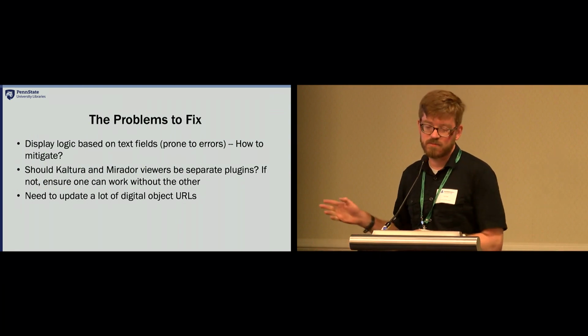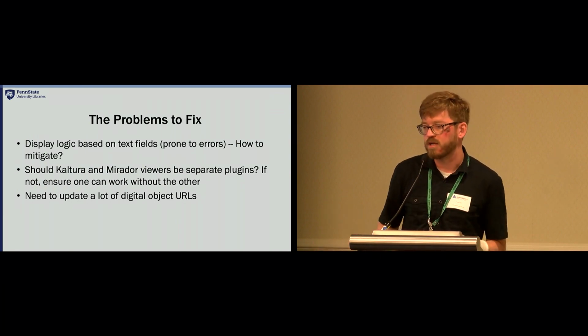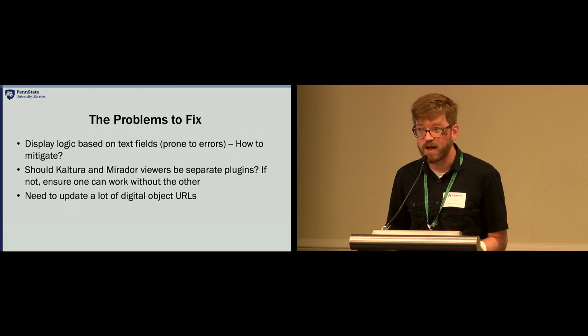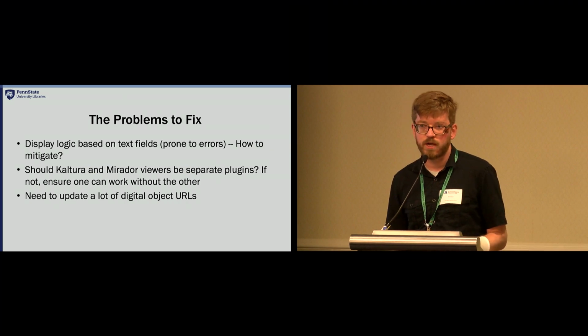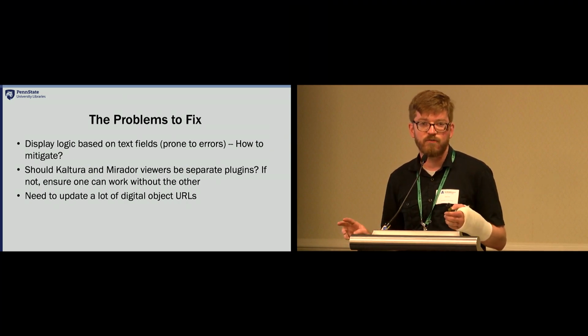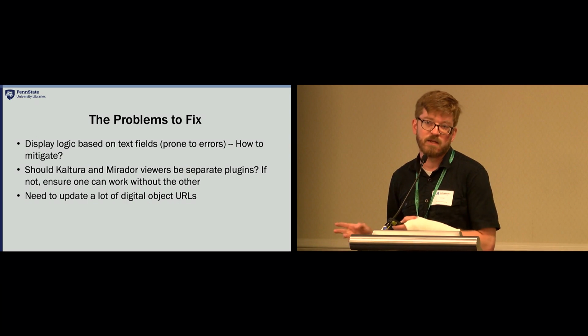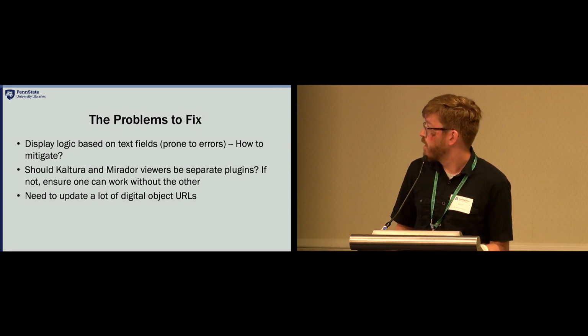There should be a Kaltura viewer and a Mirador viewer on GitHub. I still need to figure out how to do that in a way that they don't break one another. Right now it's one plugin and you can turn the Kaltura part on or off, and you can turn the Mirador part on or off depending on which one you have or don't have.